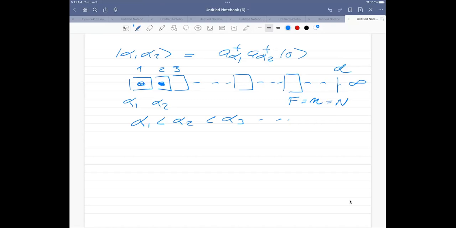But in principle, this little n is supposed to be equal to this d which you have, the total number of available single particle states. But here, we just label this little n, the number of single particle states, SP states, and we put it equal to the Fermi level. But in principle, little n is not equal to the Fermi level.